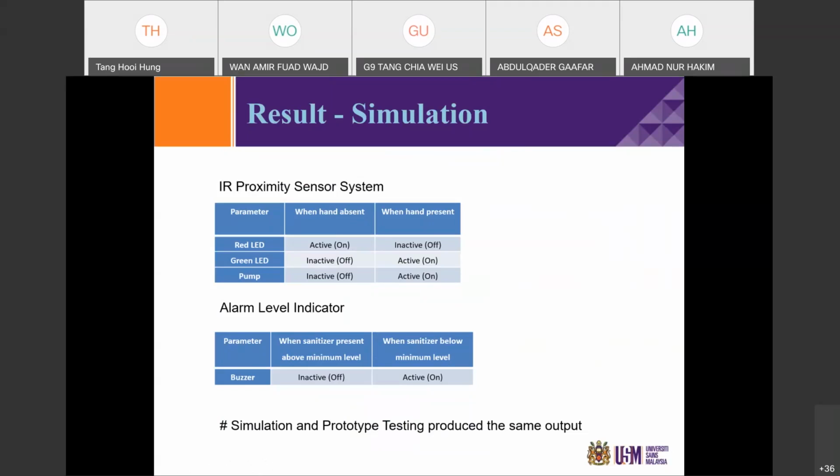For the alarm level indicator, when the sanitizer is above the minimum level, the buzzer will not be active. The opposite will happen when the sanitizer is below the minimum level, where the ultrasonic sensor will detect the level of the sanitizer and send a signal to the buzzer for it to buzz. The simulation and prototype testing produce the same output.